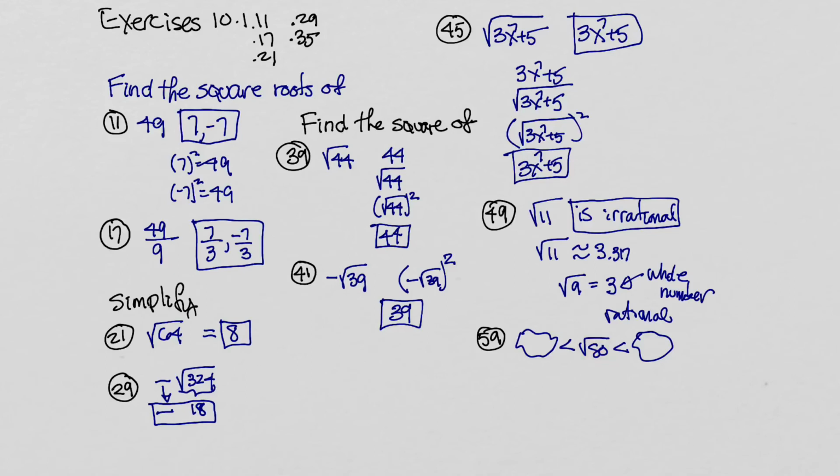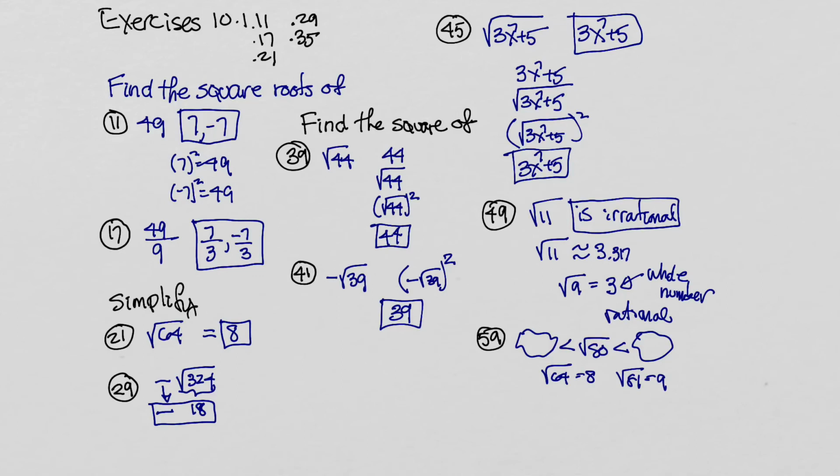If I take one below it, I think it's probably 64. The square root of 64 is 8. Now, the first number above 80 that I know the square root of would be 81. The square root of 81 is 9.